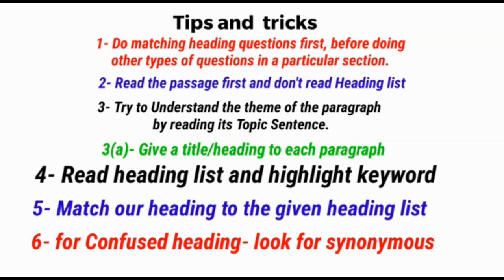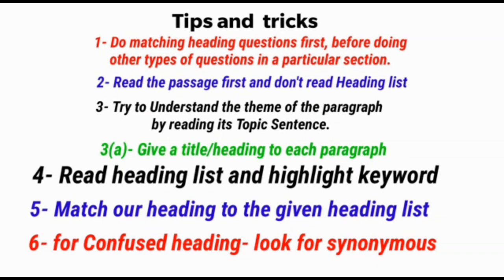Now look for synonyms of the highlighted heading keywords in the paragraph. Try to differentiate between possible headings. If you are not able to decide some of the headings, leave it and do other questions of the passage. Sometimes the answer reveals itself later on.